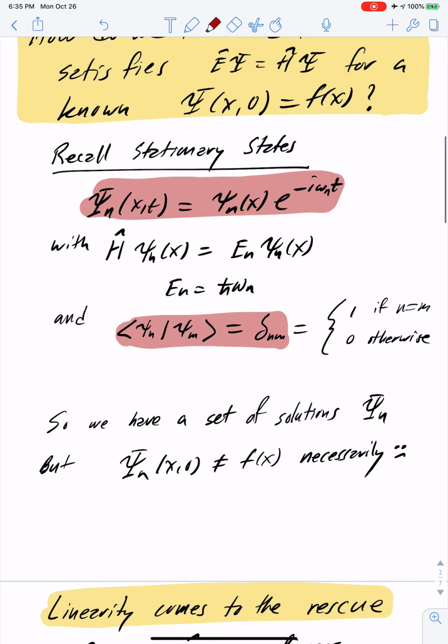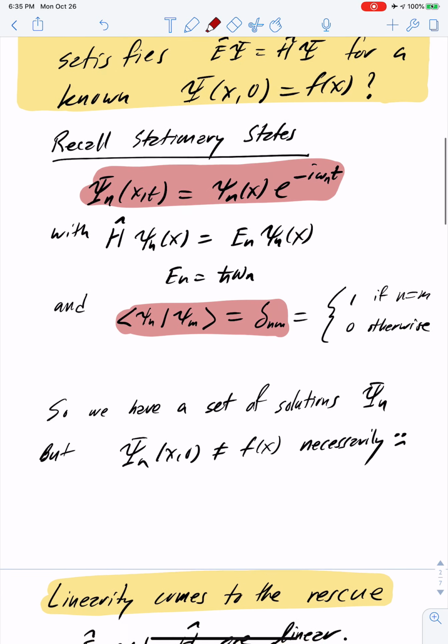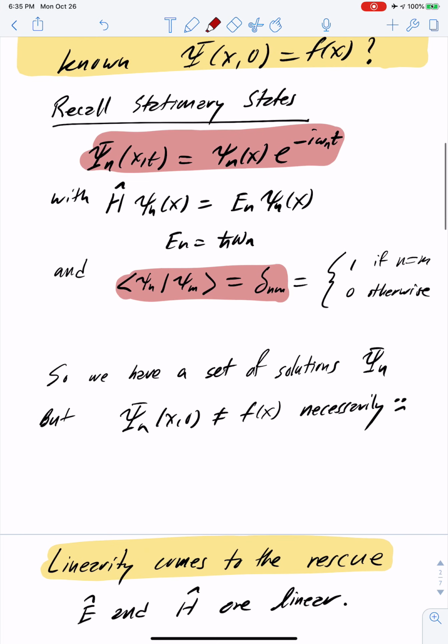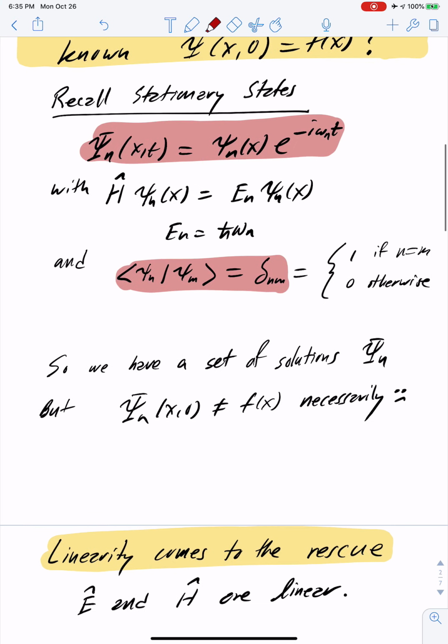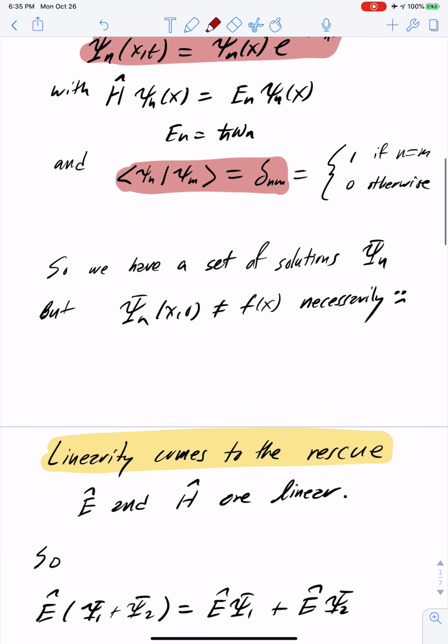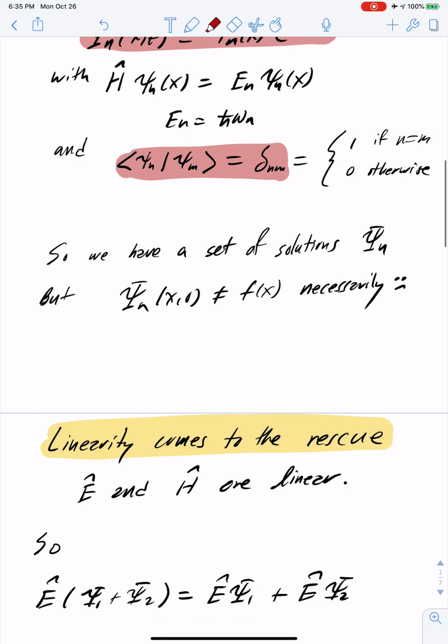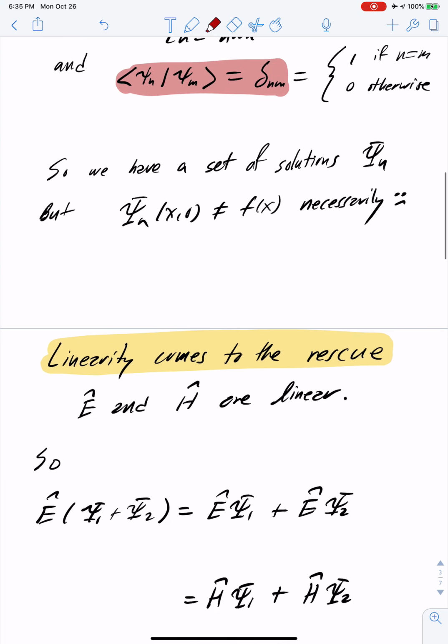Now, the nice thing is that linearity will come to our rescue. We have to remember that the two operators in the Schrödinger equation, the energy operator and the Hamiltonian operator, are both linear. So that means that if we take a linear combination, say we take two of these stationary states and add them together, E acting on it is the same as E acting on the individual ones, but because these are stationary states, we know that these are equal.